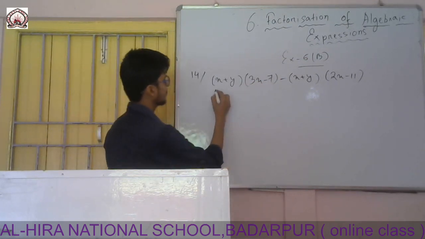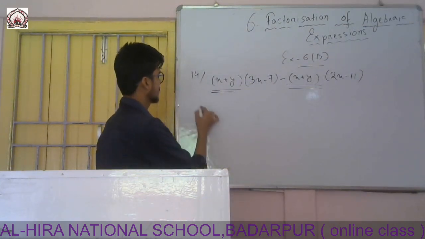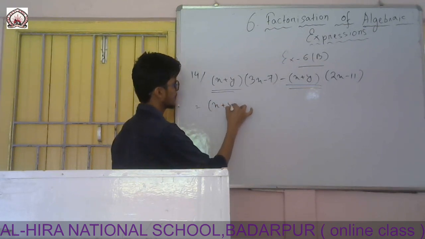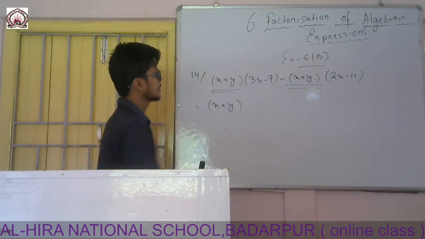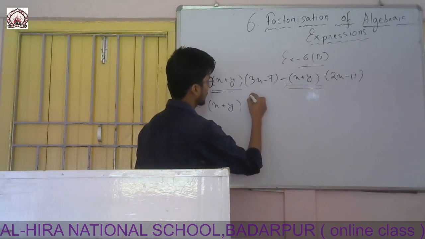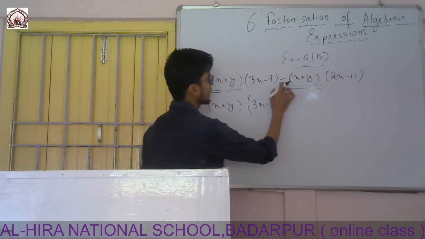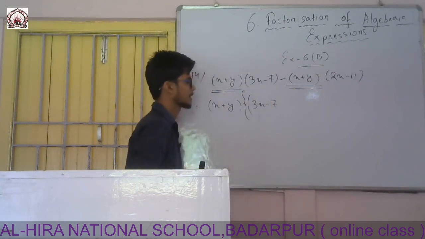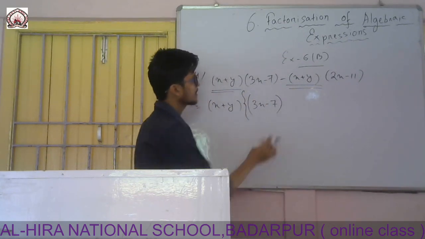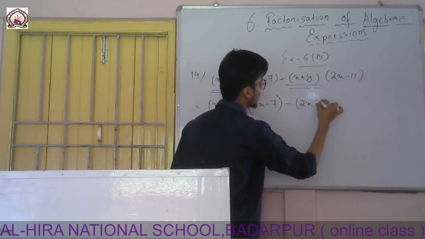So simple, from here we have seen that this part is common, x plus y, in both the cases it is common. So I will take out this one, x plus y. Now left here this one, so give 3x minus 7 there. Let me give the second bracket, 3x minus 7, minus sign is there, this part also left, 2x minus 11.